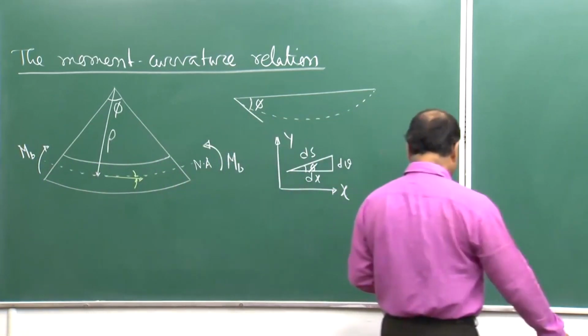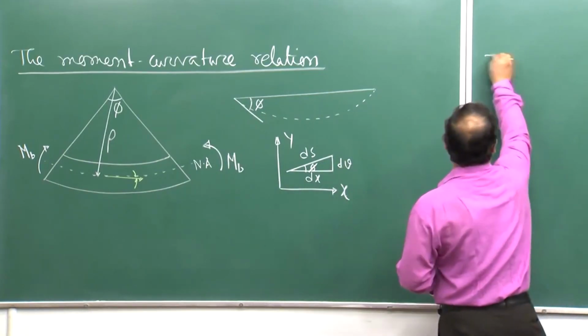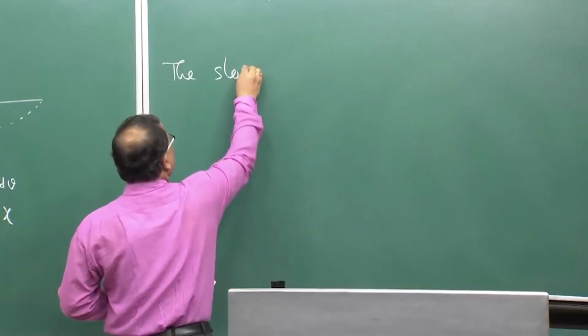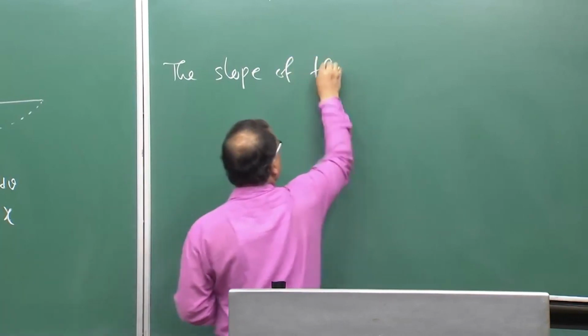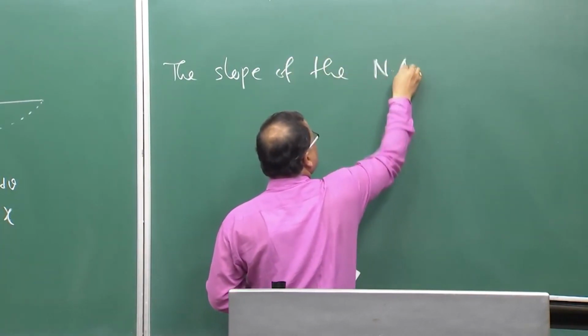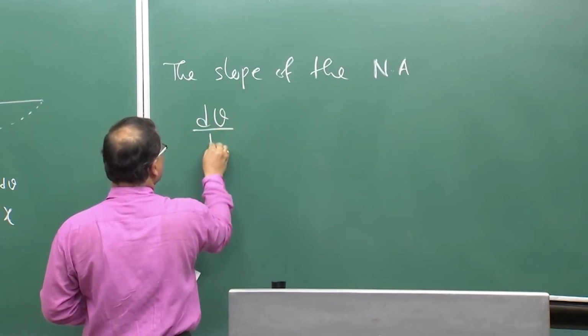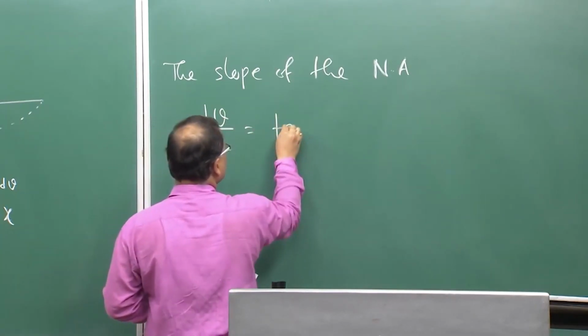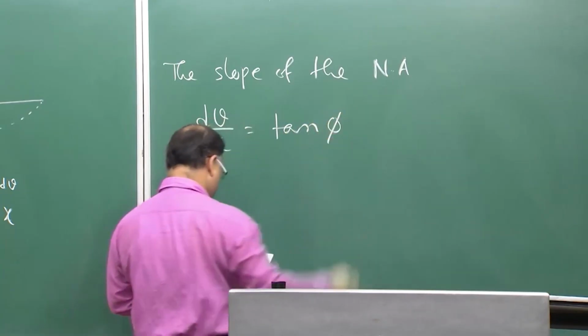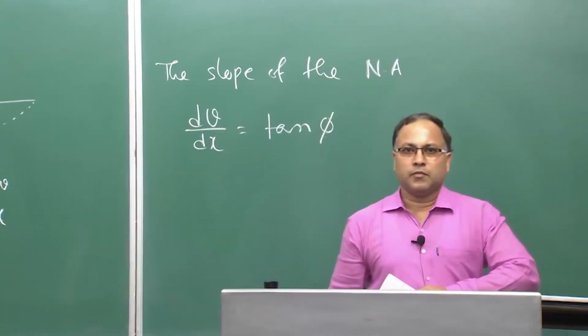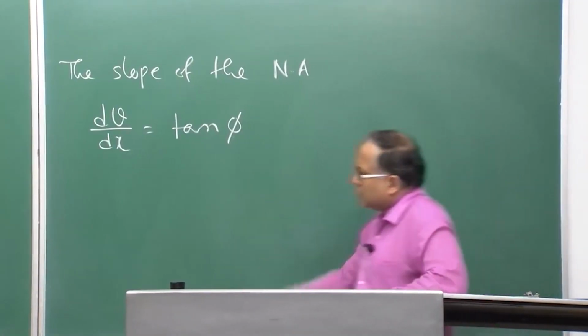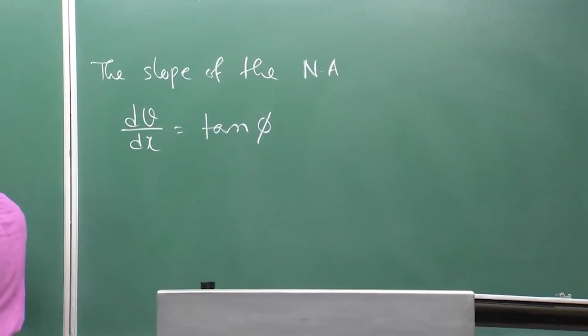Now, the slope of the neutral axis is nothing but dV/dx equal to tan phi. Very simple, because this is your neutral axis.